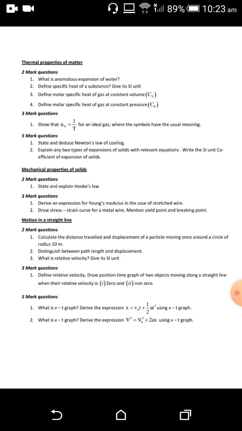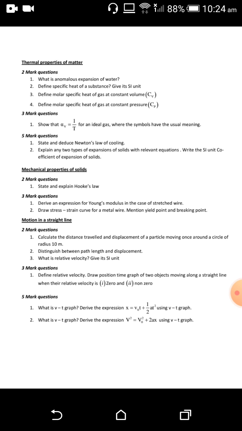There are also some questions they can ask, such as define stress and define strain. These are some of the questions which they can ask for 1 mark or 2 marks. So go through the entire notes.